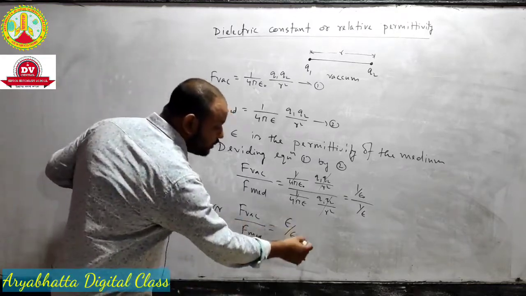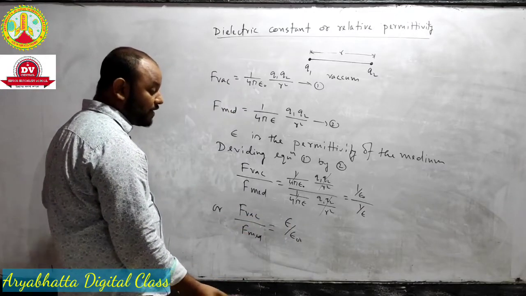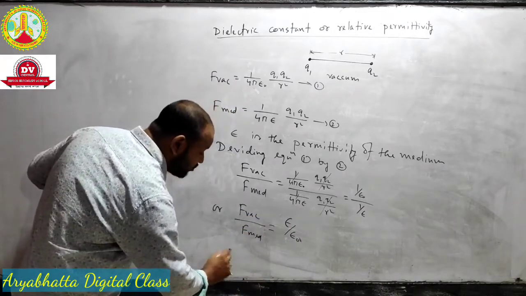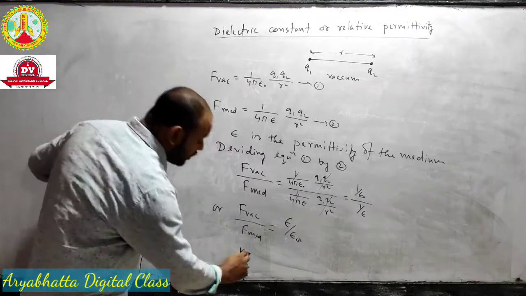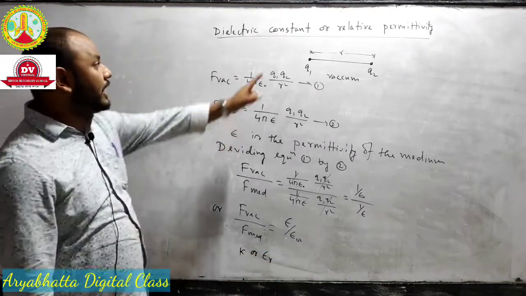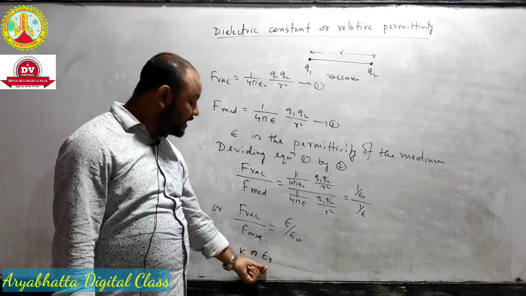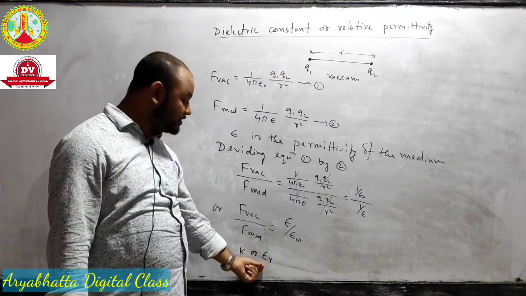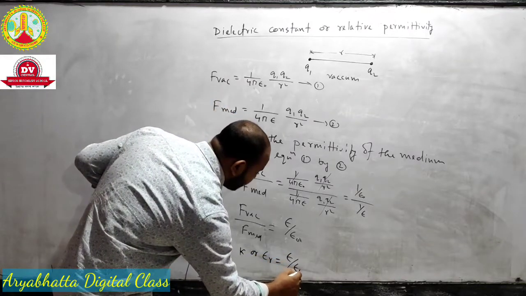Dielectric constant is also denoted by the letter chi, and relative permittivity is epsilon r. Both are the same term, equal to epsilon by epsilon naught.